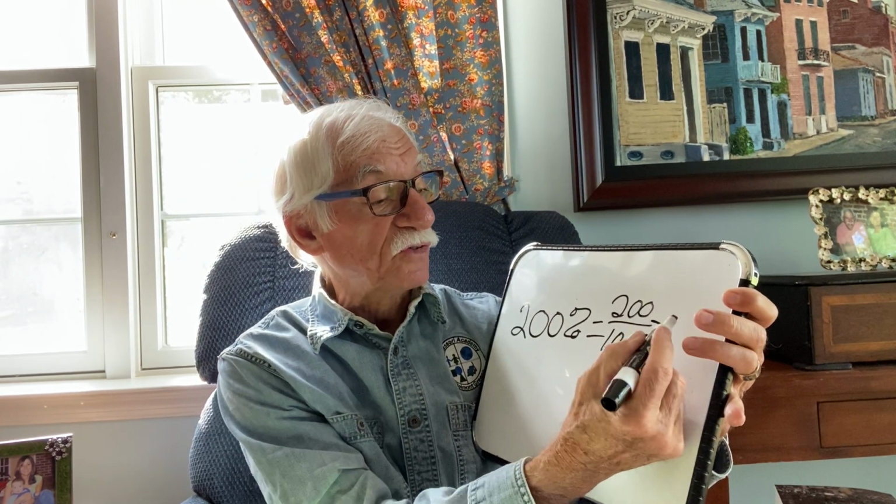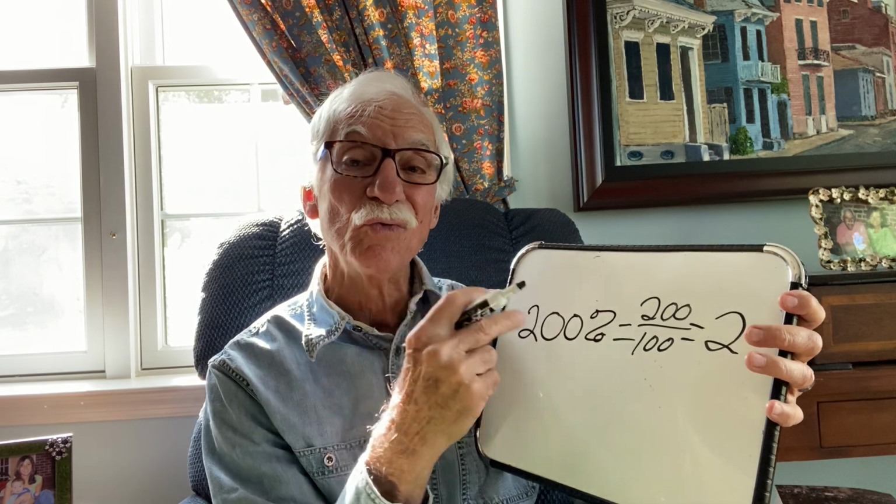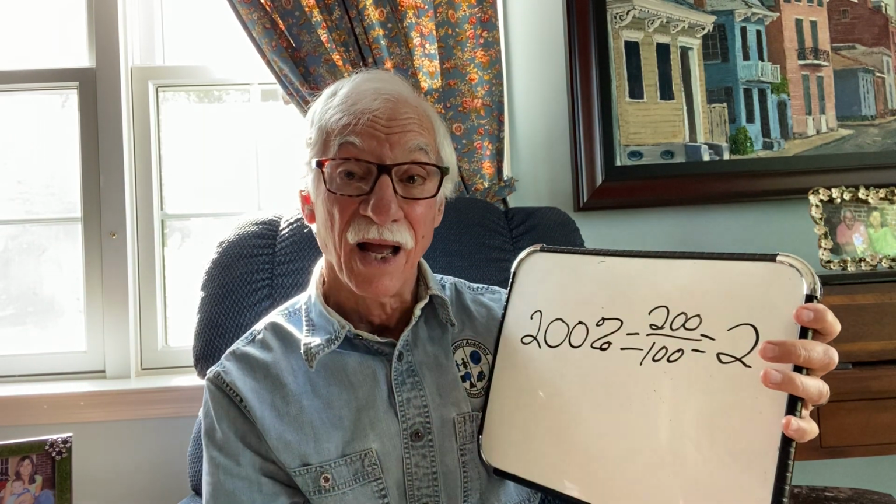And again, when you're reducing, you're looking for the whole, and the whole in the hundredths is 100. 100 hundredths is one whole, and there are two of them here. So 200 hundredths actually equals 2. So when I say I have 200% of anything, I have twice as much.